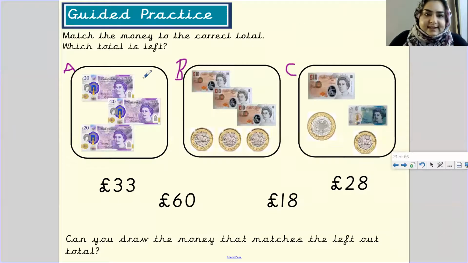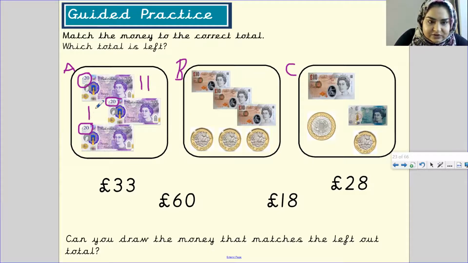Okay, so fantastic. Let's start with A. A shows me 3 £20 notes. So I am going to count these as 20 plus 20 plus 20, or I can count it in tens. I know this is worth 2 tens, this is worth 2 tens, and this is worth 2 tens.